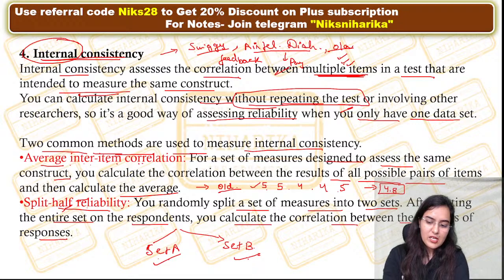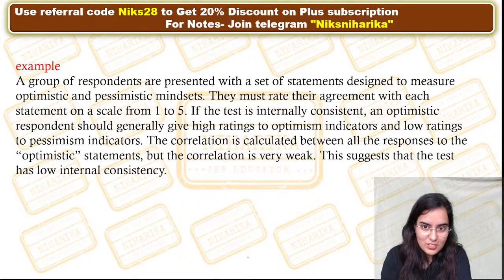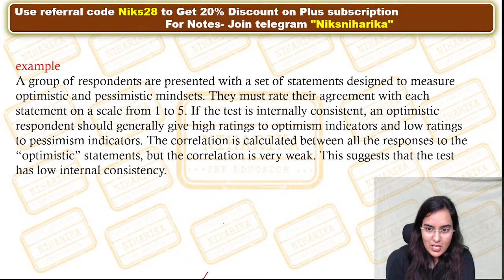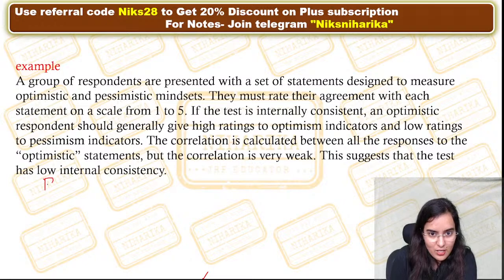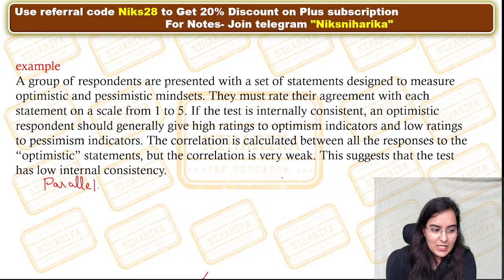Achha, so basically, don't you think there should be a clear, or at least a little bit of, difference between parallel and split half reliability? Let's see the clear difference between parallel reliability and split half reliability.